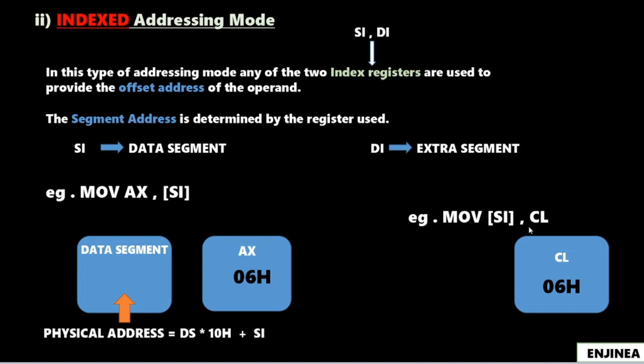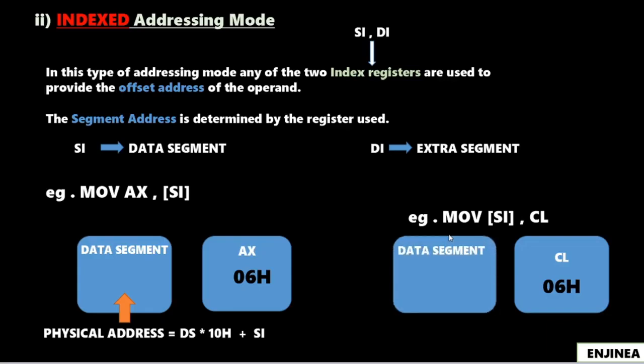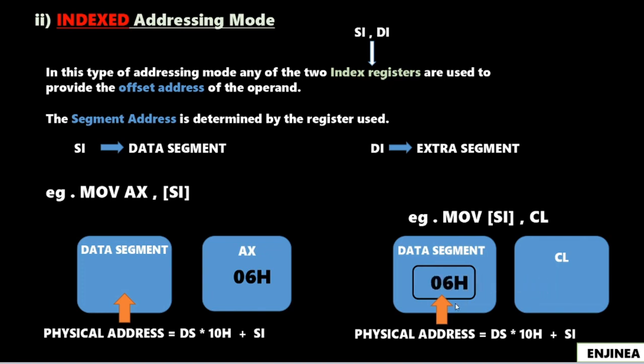This instruction will point to a particular address inside the data segment, whose physical address will be given by the data segment address times 10H plus the offset address provided by our SI register. Suppose this location has the physical address of this. So this instruction will store the value held in our CL register, which is 06H, inside that location.